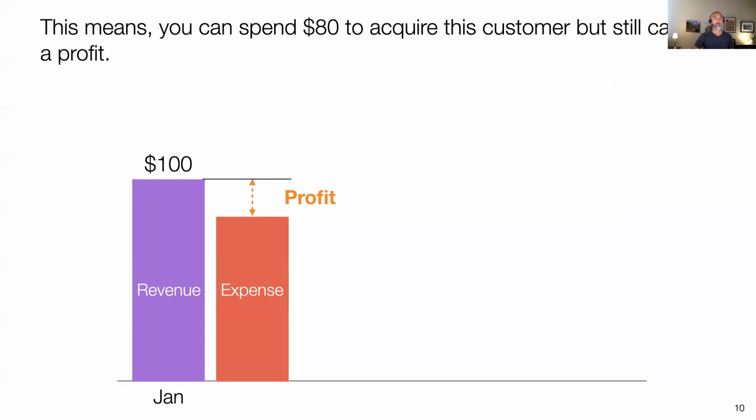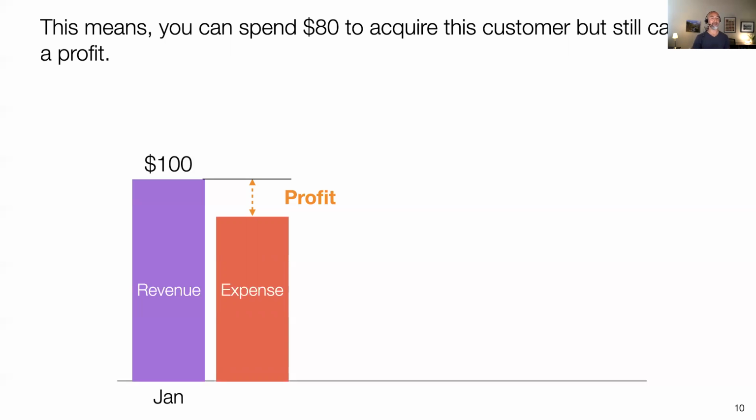And therefore, it's easier to calculate how much we can spend to acquire the customers. So let's say that we collect that $100 from one customer, then we can spend less than $100 to make a profit, right? I know this is very simplified. There's probably more, like the cost of making the software and all that stuff, but it's a very simple world.